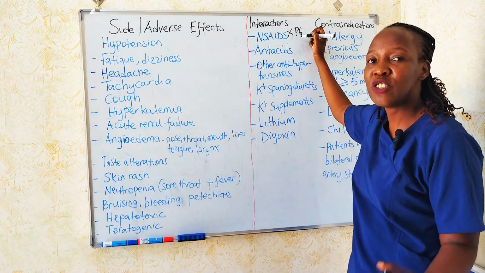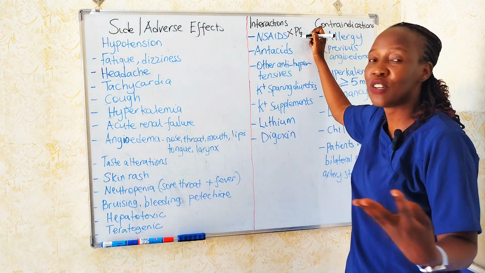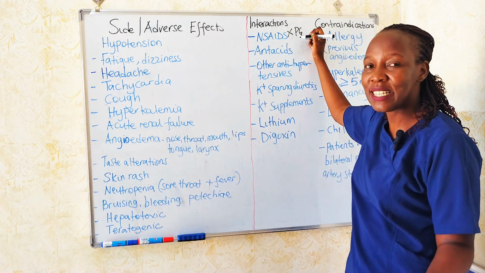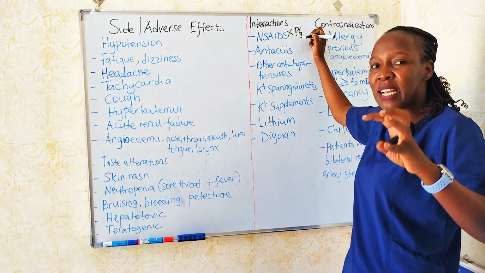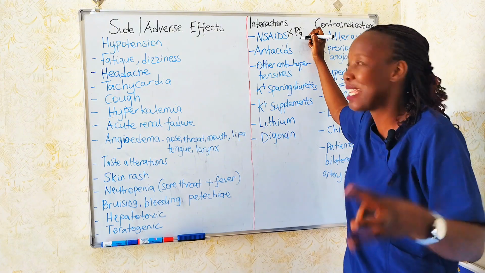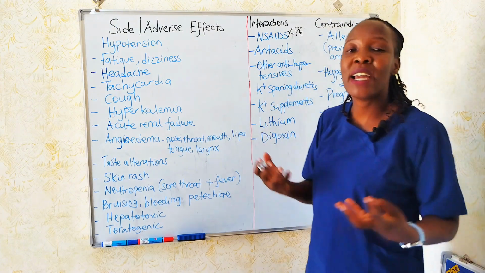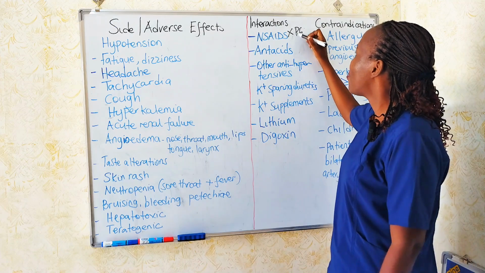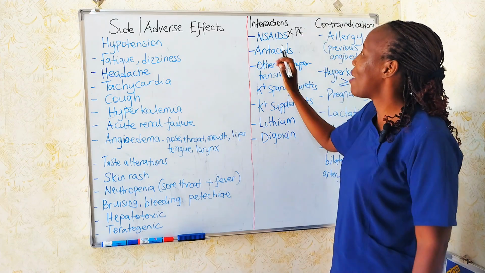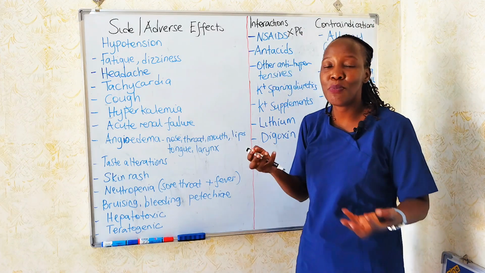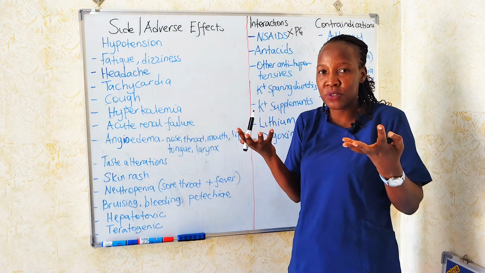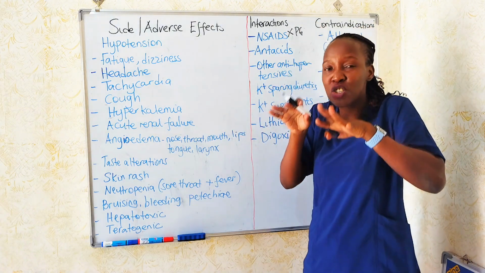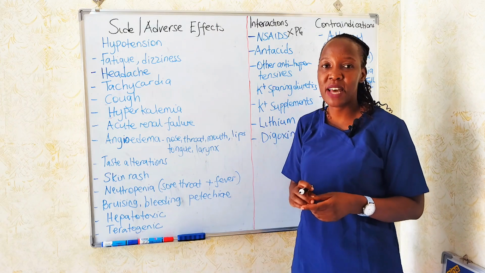There are different kinds of prostaglandins and they play different roles in the body. But one of the effects of a certain kind of prostaglandin called prostacyclin is to dilate vessels. So if NSAIDs block prostaglandins and then we are giving our ACE inhibitors that are supposed to dilate the vessels, okay? This effect of the NSAIDs is going to reduce the effect of the ACE inhibitors.